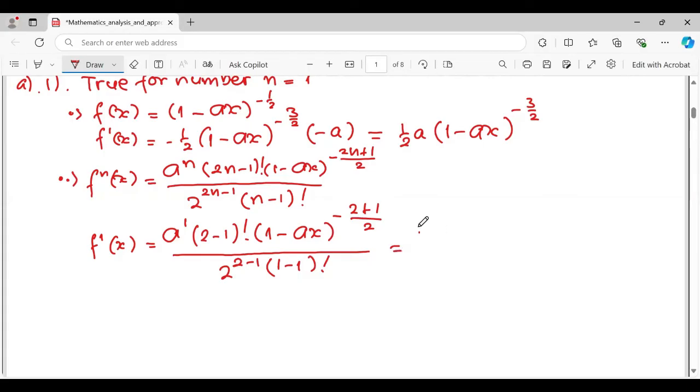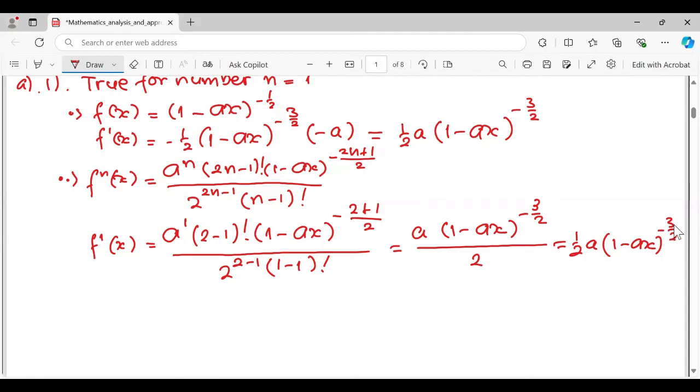It equals a times 1, since 1 factorial equals 1, times (1 minus ax) to the power minus 3 half, over 2 to the power 1 times 1, which equals 2. And it is half a (1 minus ax) to the power minus 3 halves.